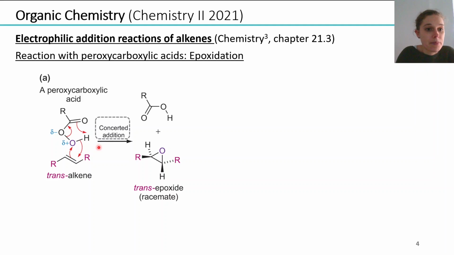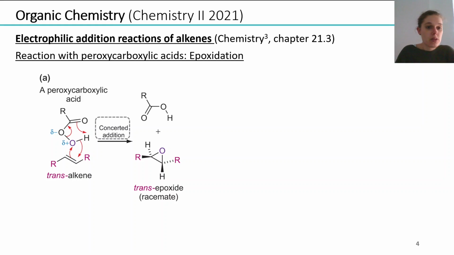That's why we have all these arrows. All these movements happen at the same time. And then we end up with this trans-epoxide and also with this acid.